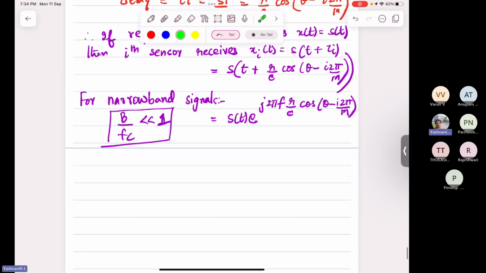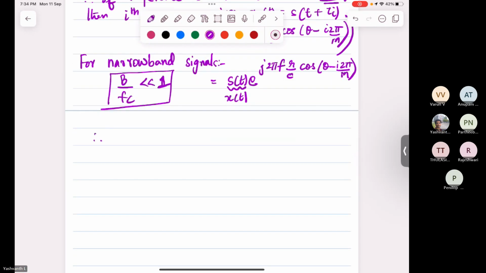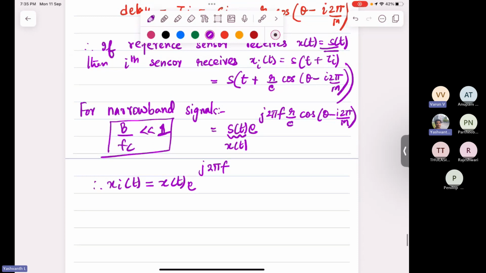But what is this? What is the x of t? s of t is nothing but x of t, right? See from here. That means xi of t is equal to... Sir, shouldn't it be e power j2 pi f times t plus r by c cos?